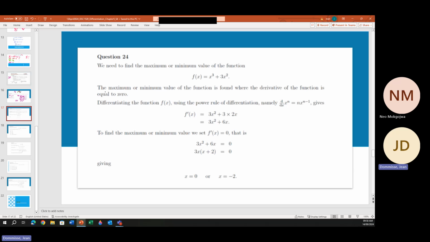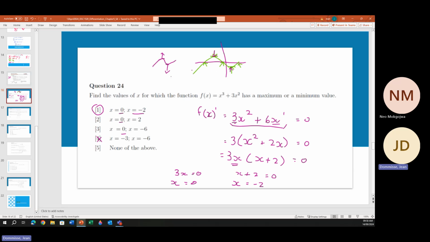I added some of the commentary and the method for you to look at. Okay, so that is where we worked out the maximum and minimum numbers.